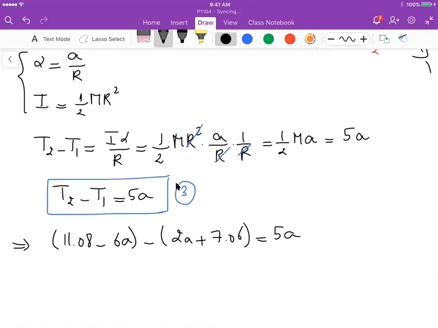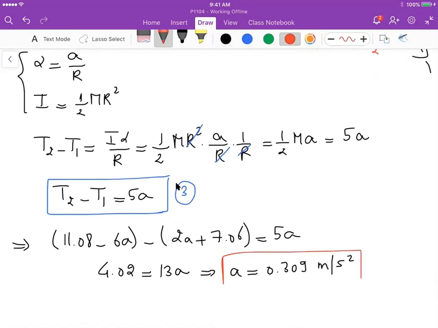We work it out and we get that 4.02 is equal to 13 times A. And so we can deduce A equals 4.02 divided by 13, 0.309 meters per second squared. And so this is the value of the acceleration we were looking for.